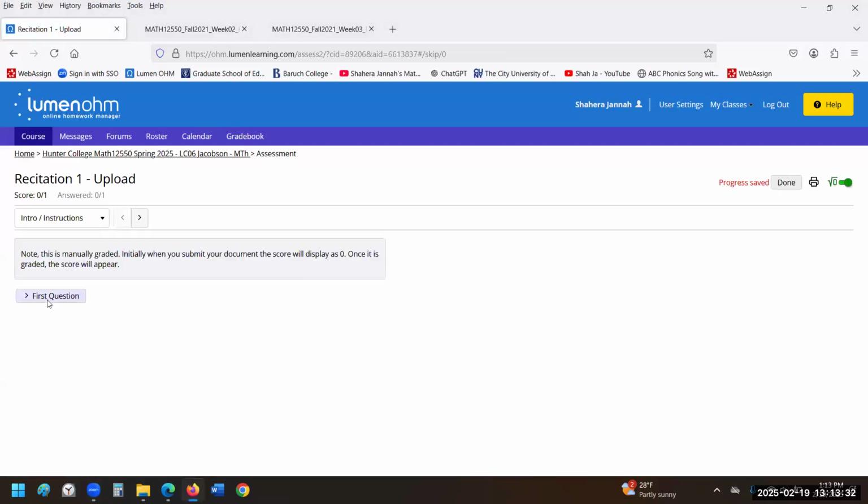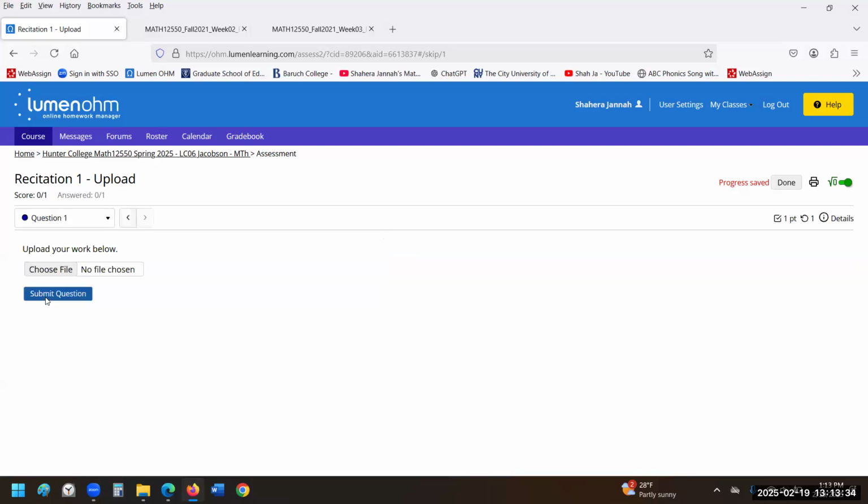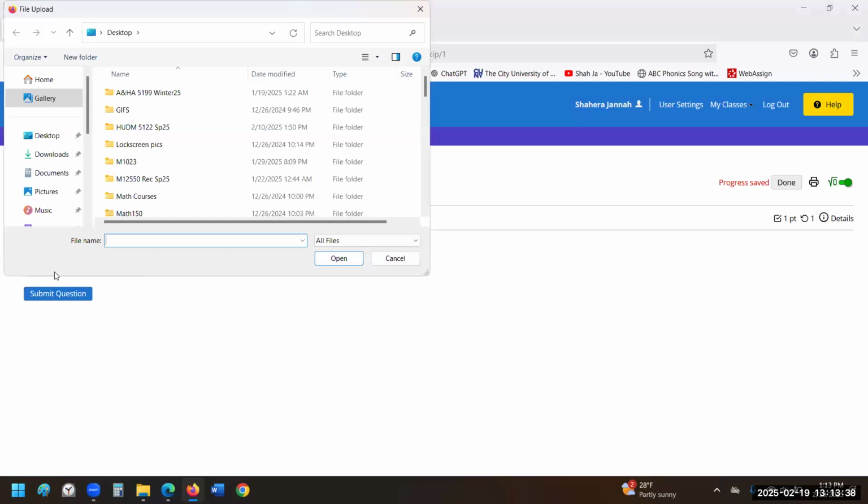And it says a first question. Click on the first question and it says choose a file. Now there is one problem. You can only upload one file. That means you have to convert them into one PDF file, because I don't think you can upload more than once. Let me see if you can upload more than once, just to test.